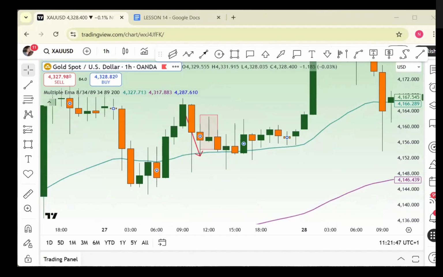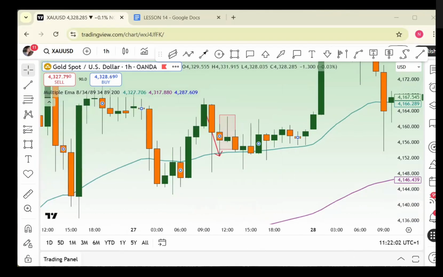According to Bukowski, the busted pattern isn't just a losing trade. It is one of the strongest trading signals available because it represents a massive trap for the wrong side of the market. And it hit the stop loss, right?